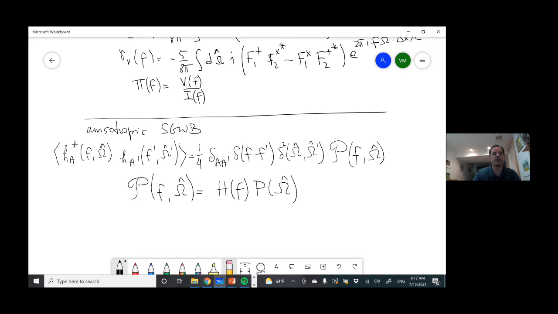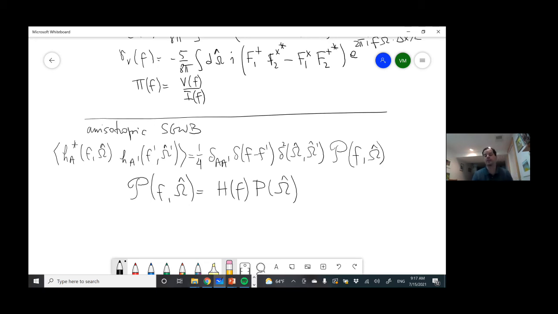You can ask, is this a safe assumption? There are now models of this function for the compact binaries, and those models are actually showing some correlation between f and omega, so that you couldn't really separate them cleanly like this.